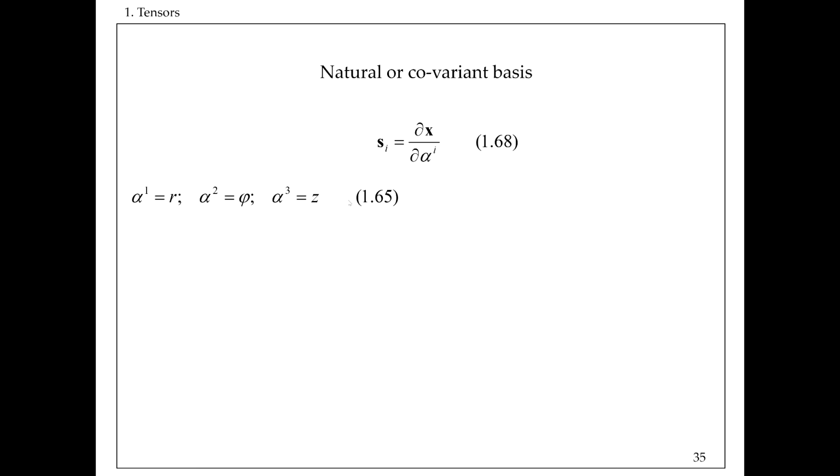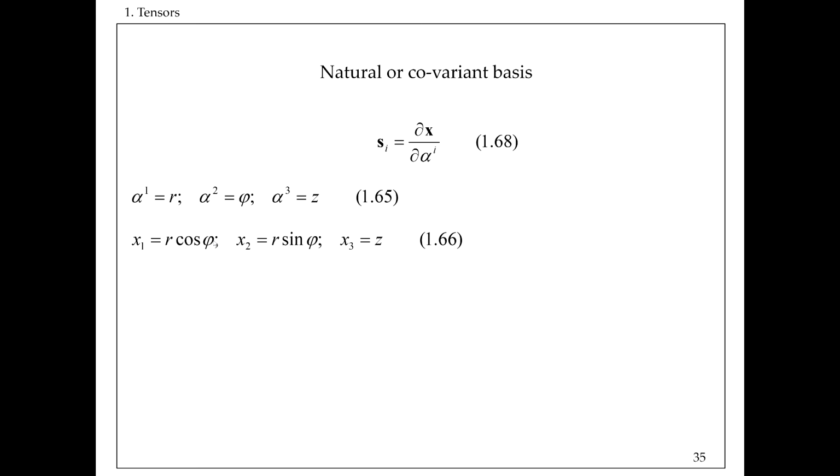So let's start from S_r. The first one, S_r, will not be a number, because we are now using a different coordinate system with different labeling.